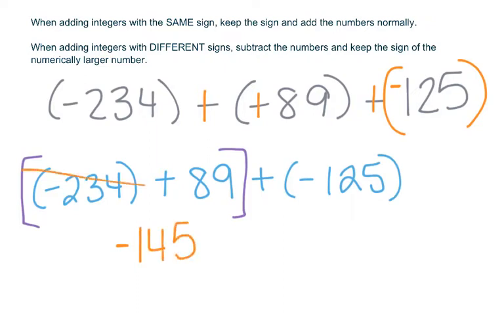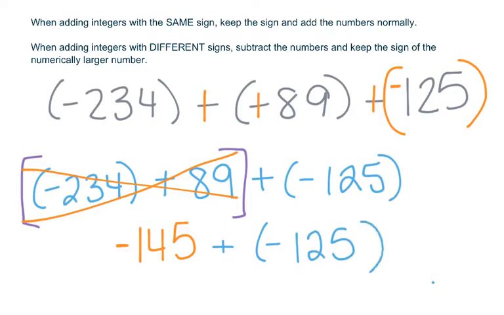Okay, so you finished this part. Now we're going to keep writing our problem down here, plus a negative 125. You have two numbers left. They have the same sign, so you're just going to add them and keep your negative. So your answer will be negative 270.